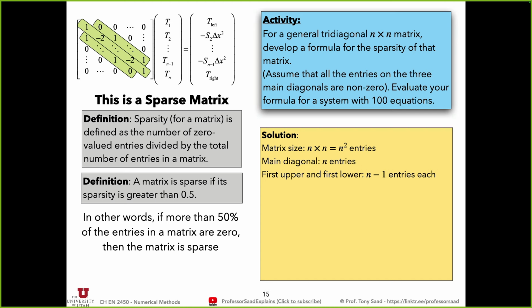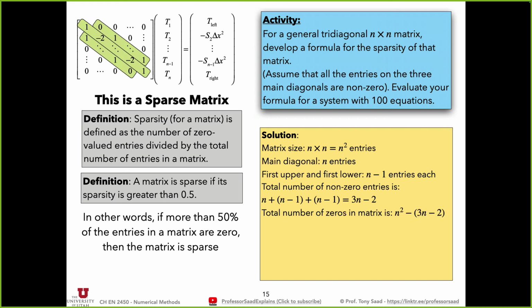So the number of non-zero entries is n plus n minus 1 plus n minus 1. Therefore, the number of zeros is n squared minus that. Everything else is 0. So what is the number of zeros? It will be n squared, the total number of entries, minus 3n minus 2.